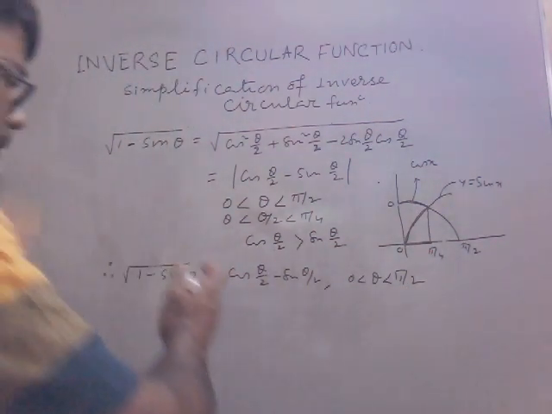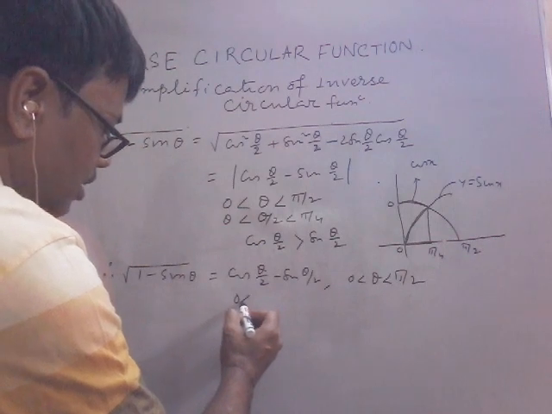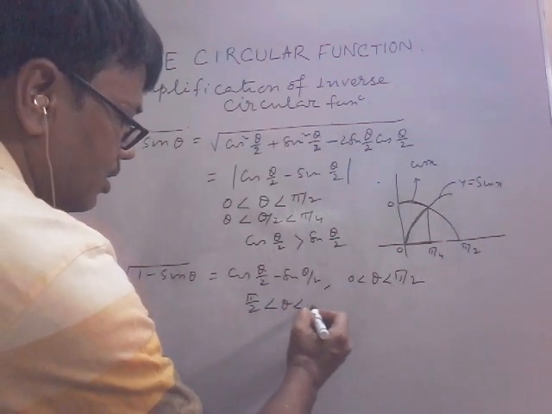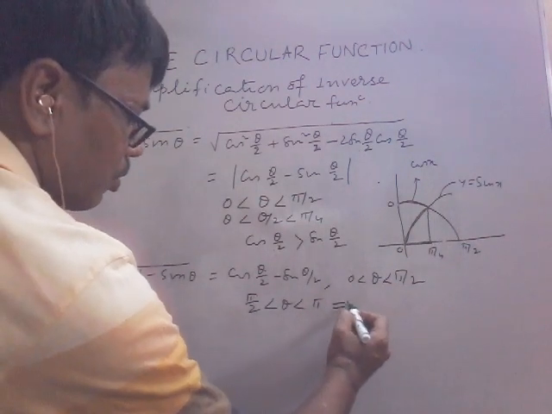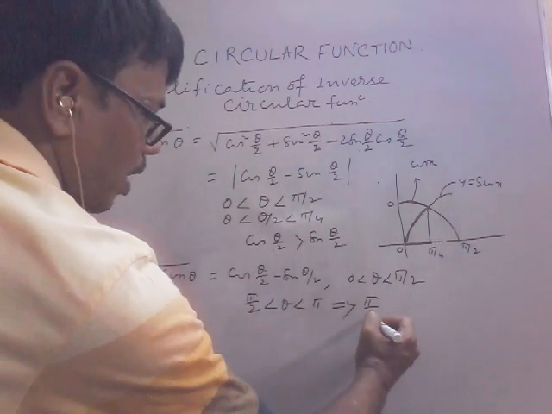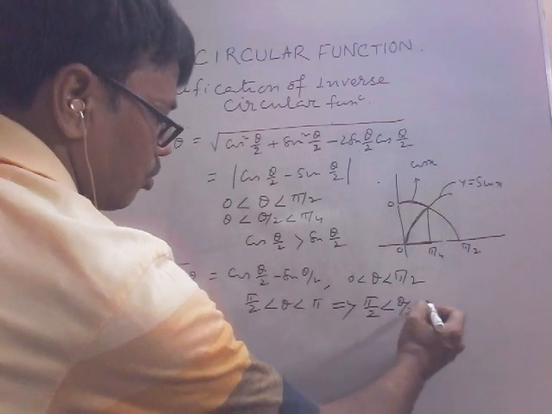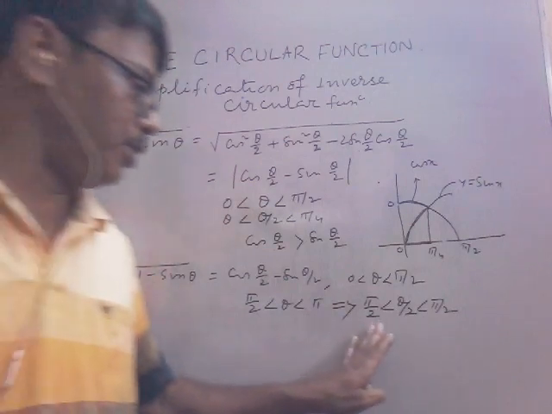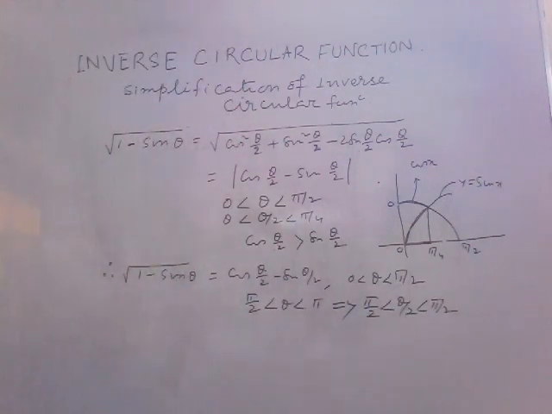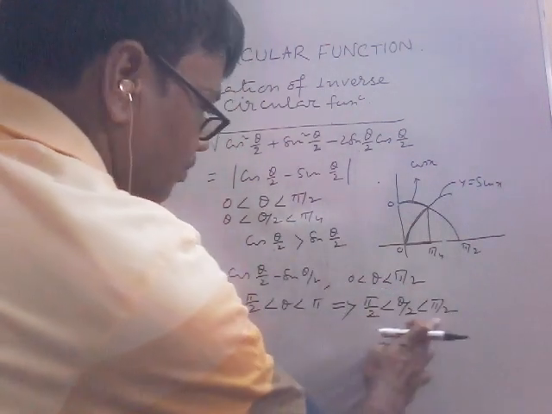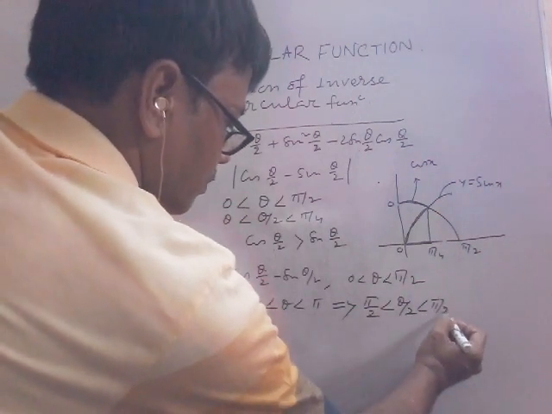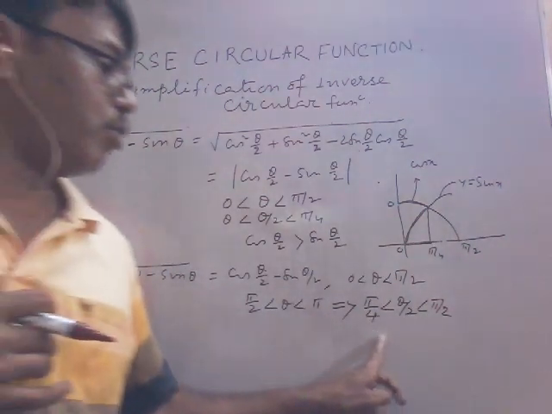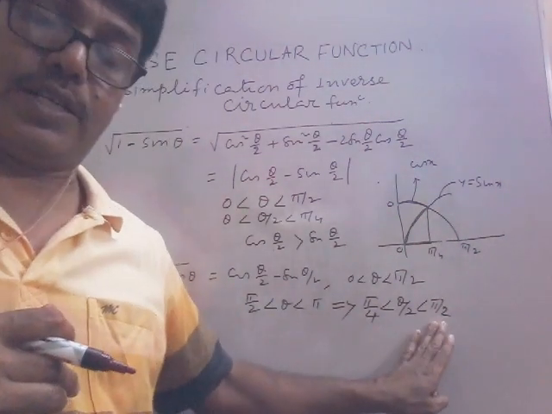Now look, if pi by 2 less than theta less than pi, so this implies pi by 4 less than theta by 2 less than pi by 2. Therefore, theta by 2 lies in pi by 4 to pi by 2 in first quadrant.